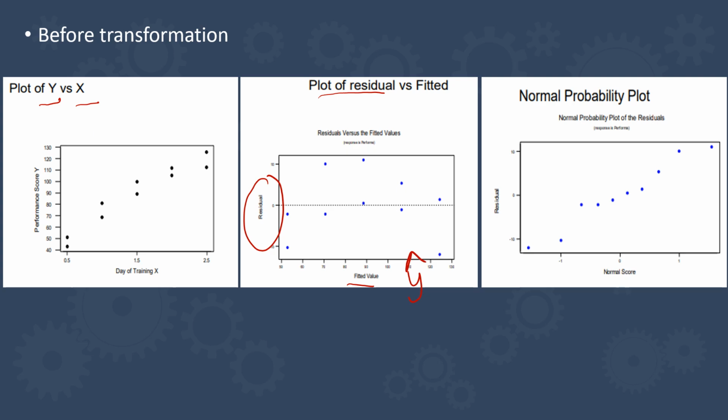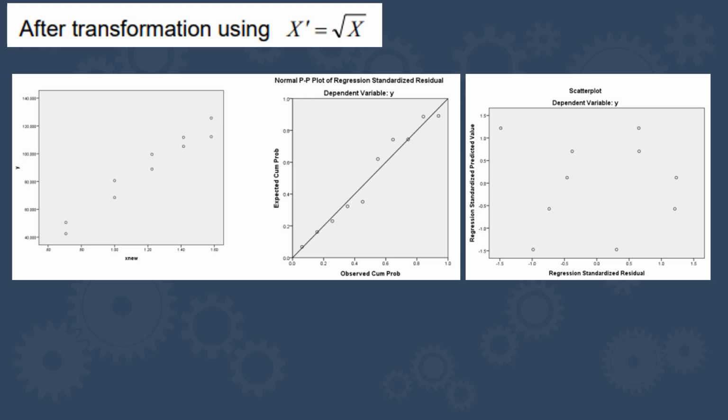So let us see the graph after we transform the variable. Here is the plot that we obtain after the transformation, where we conduct the square root transformation on the independent variable x. This is a plot of y, the dependent variable, versus the new x where we apply the square root.